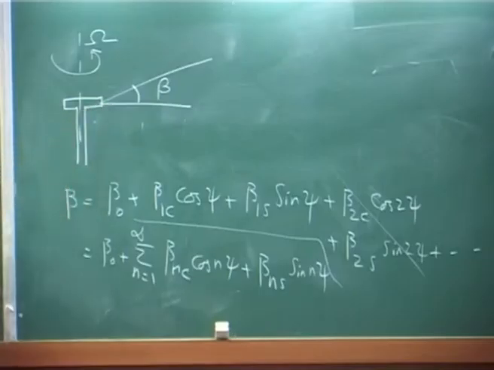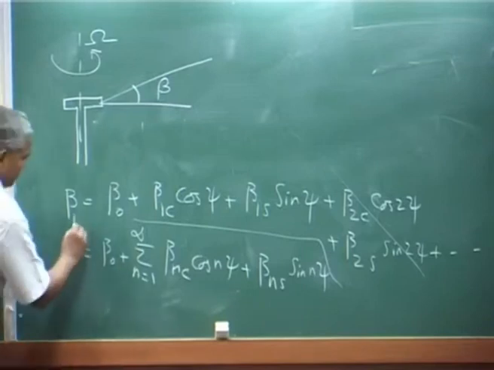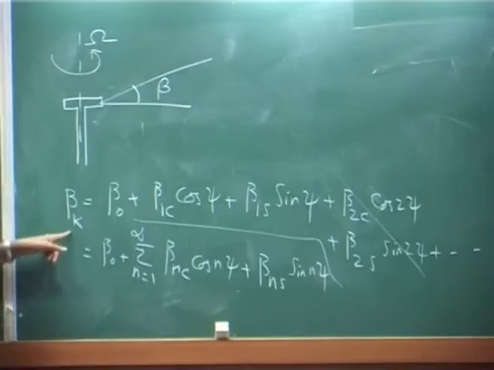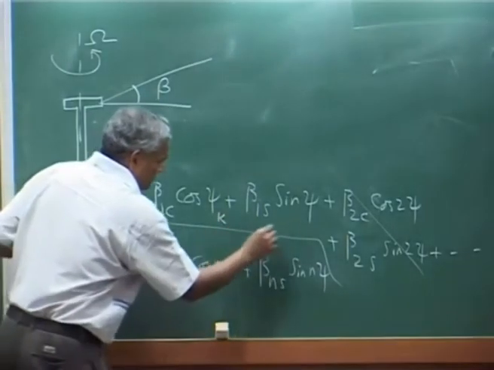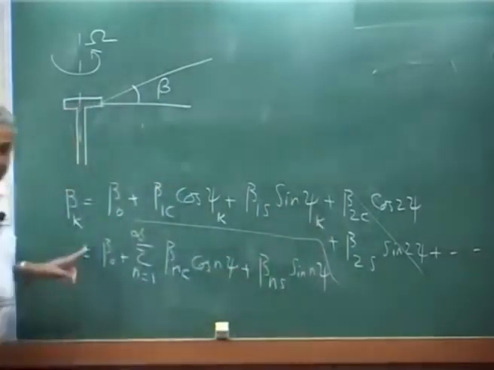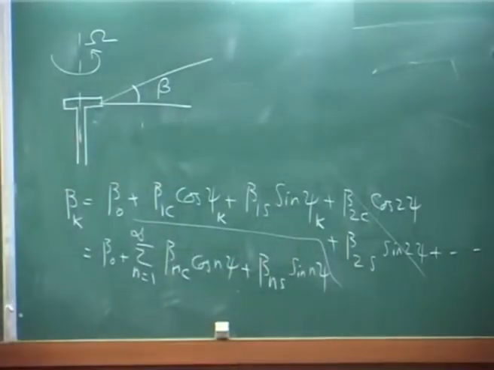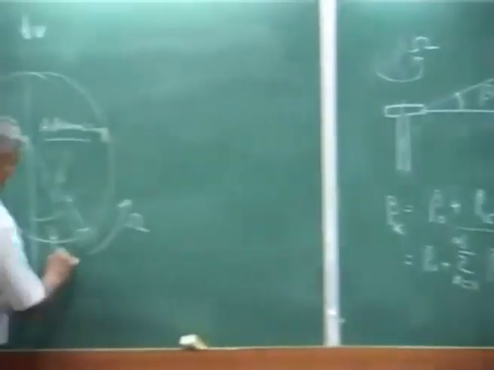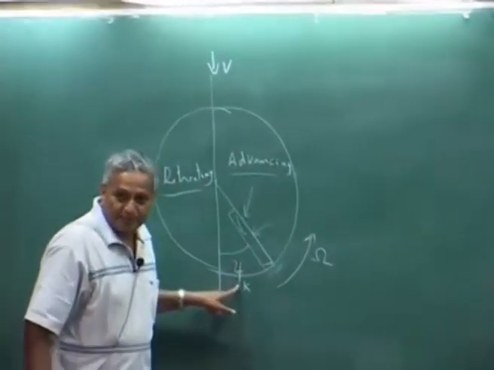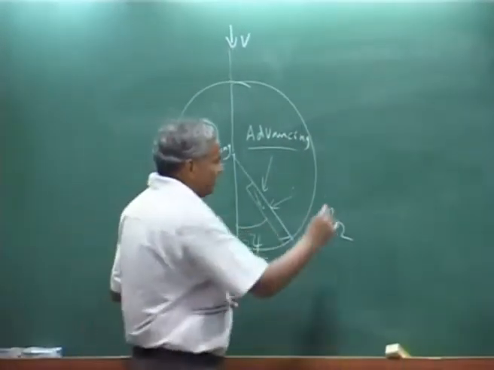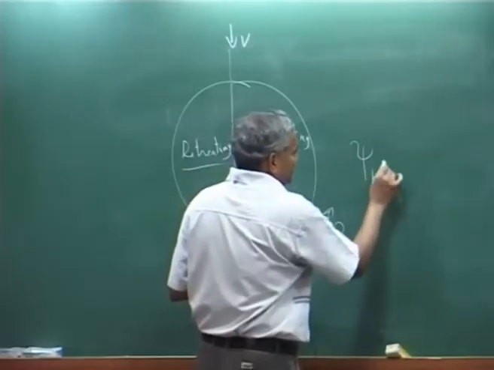But if I want to look at all the blades and if I index them, then I will be giving a k, beta k. This is psi k. What will psi k become?